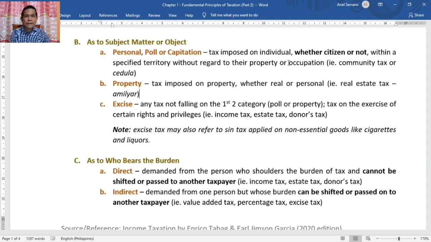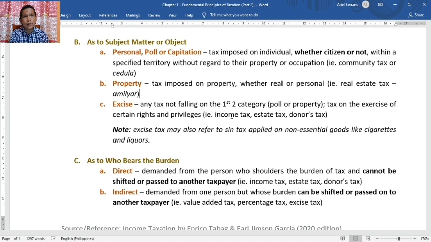Kapag wala dyan sa definition ng dalawa, kung hindi yan personal or hindi yan property, meron pang isa at ang tinatawag natin dyan ay excise tax. Pag hindi nagpo-fall doon sa dalawang category, excise tax yan. Ang tax na ito ay for the exercise of certain rights and privileges. Okay? So, ang example pa rin natin dito ay income tax, estate tax, or donor's tax.